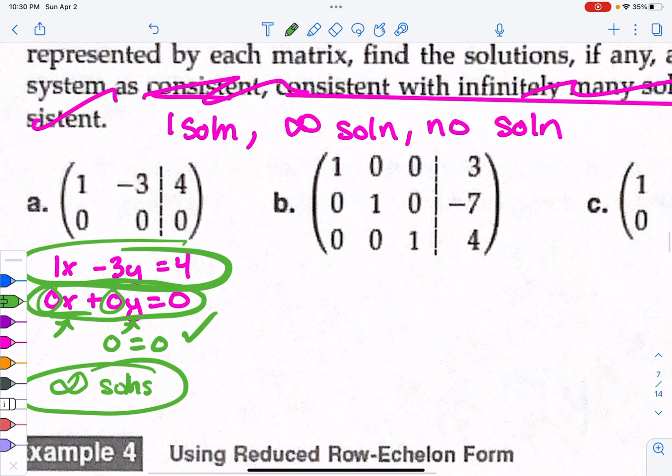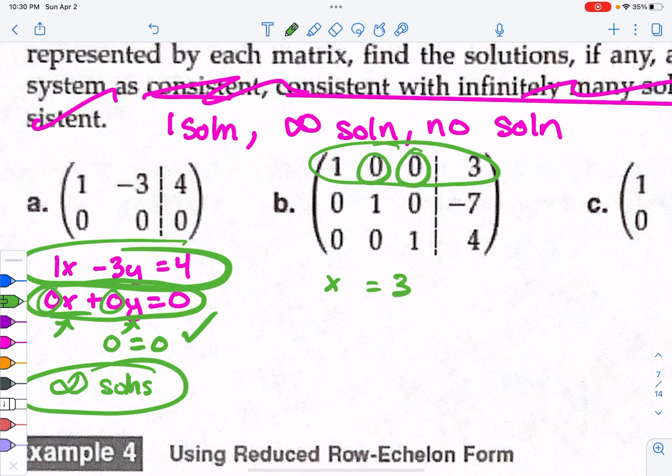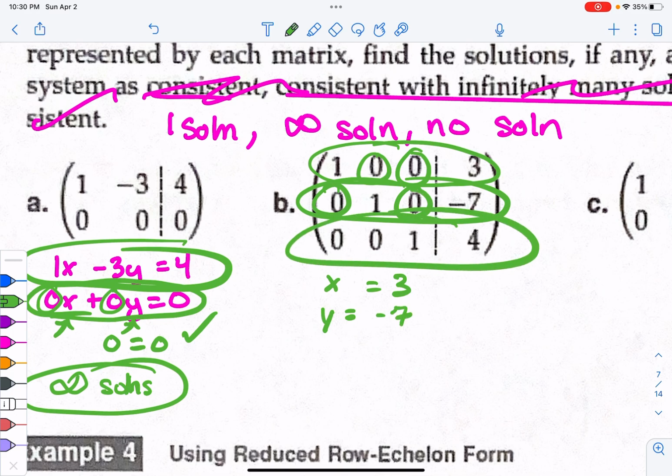For B, this top row says 1x plus 0y plus 0z equals 3, so x equals 3. This one says 0x plus 1y plus 0z equals negative 7. And this one says 0x plus 0y plus 1z equals 4.